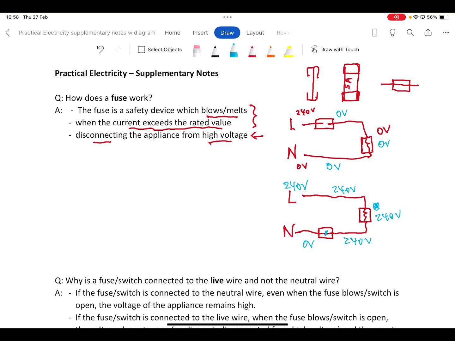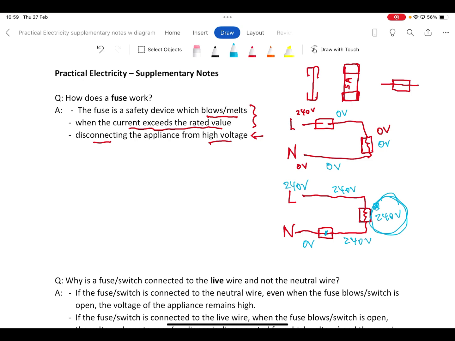But if you put it in the neutral wire, the appliance will remain at high voltage even when the fuse has blown. Do you understand? Even when the fuse blows, there's no more current flow, but the appliance remains at high voltage if you place the fuse in the neutral wire.